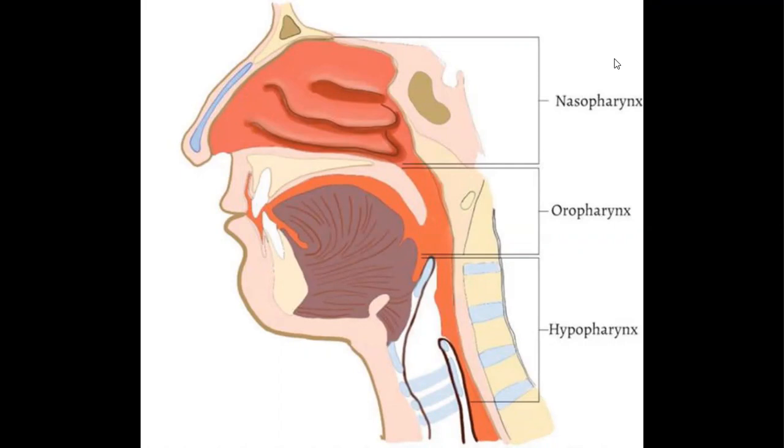During the developmental stages, we have to assess four important functions: respiration, mastication, swallowing, and deglutition. Let us see respiration in detail. The upper airway includes the nasopharynx, and the lower airway includes the oropharynx.